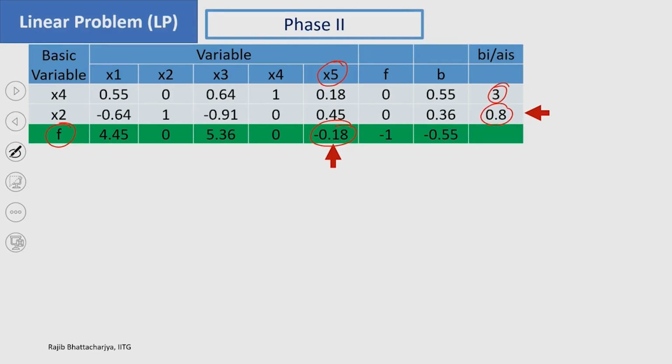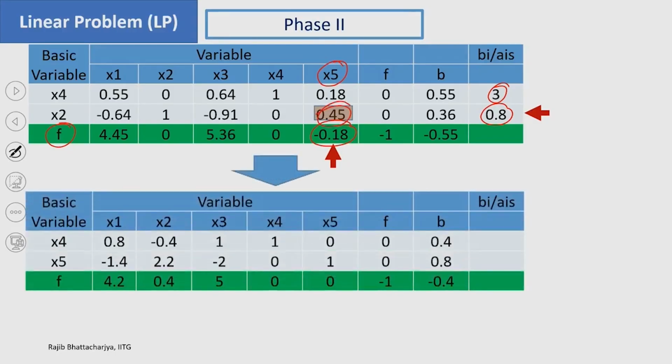So, therefore, we will take the minimum one and now this will be the pivoting element. If you do that, finally you are getting this 1 and this equal to 0. And the solution is now x4 = 0.4, x5 = 0.8, and f = 0.4.